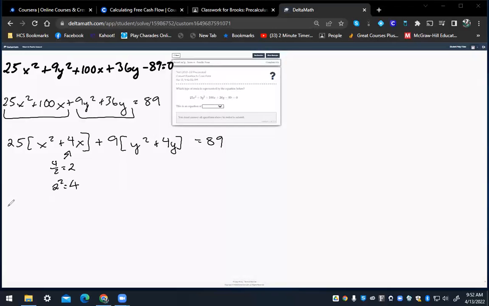So with 25 times x squared plus 4x plus 4, we're adding this piece on the end. Luckily for us, it's the exact same numbers for the y value, so we can do the same thing.